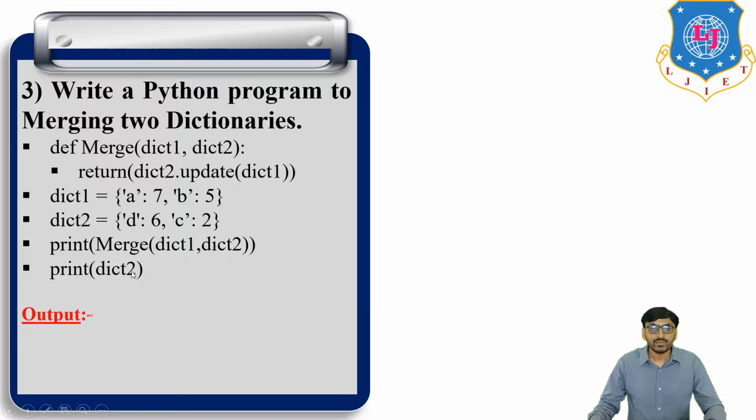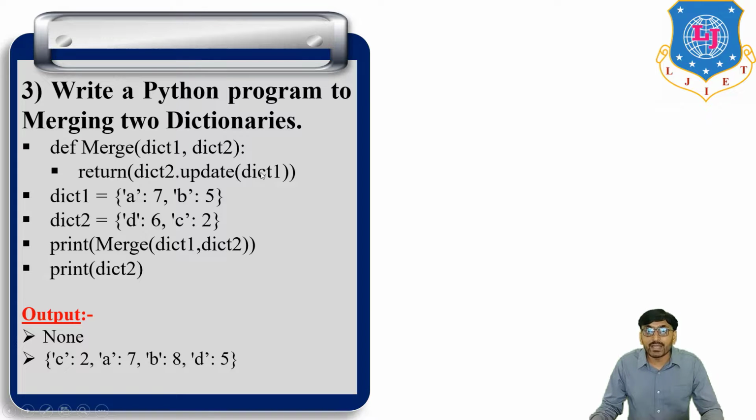Okay. So the output: in the first one, print merge dict1 and dict2. If we print merge dict1 and dict2 in this way, then the output is None. And if we print dict2, it means this return dict2 dot update dict1: all the key-value pairs present in dict1 are transferred to dict2.